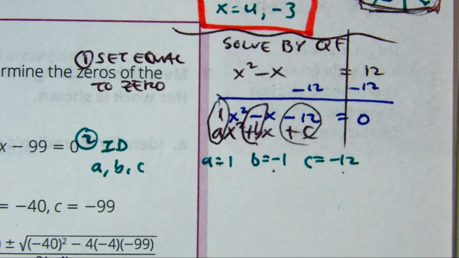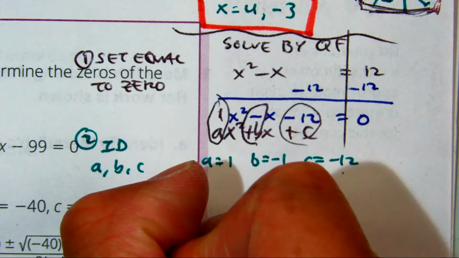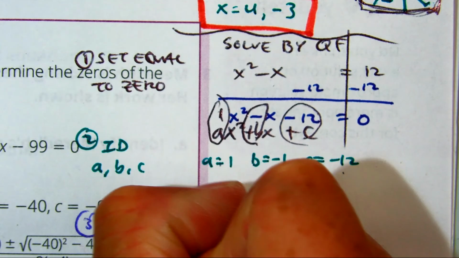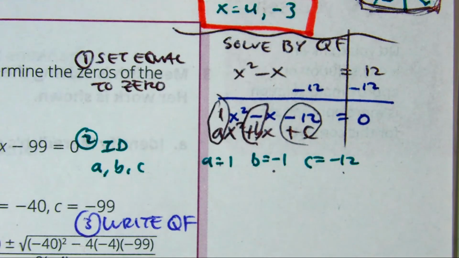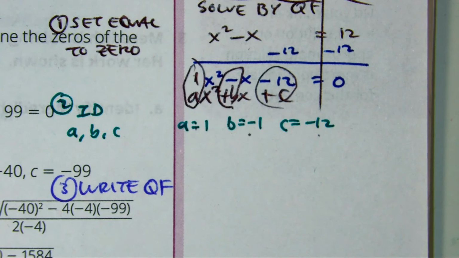The next thing you're going to have to do is write down the quadratic formula. Write down QF. Partner A, tell partner B, what is the quadratic formula? Ready, set, go.